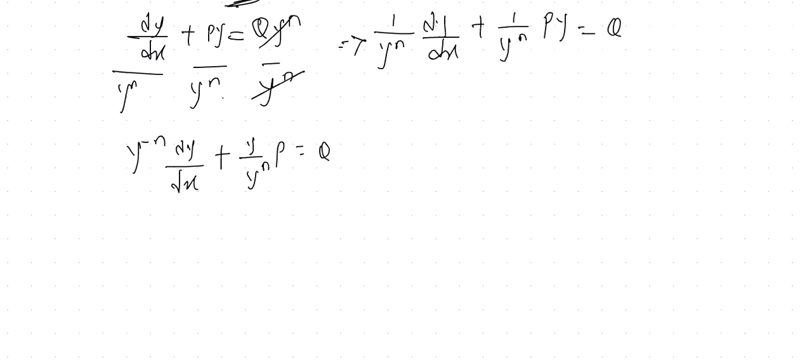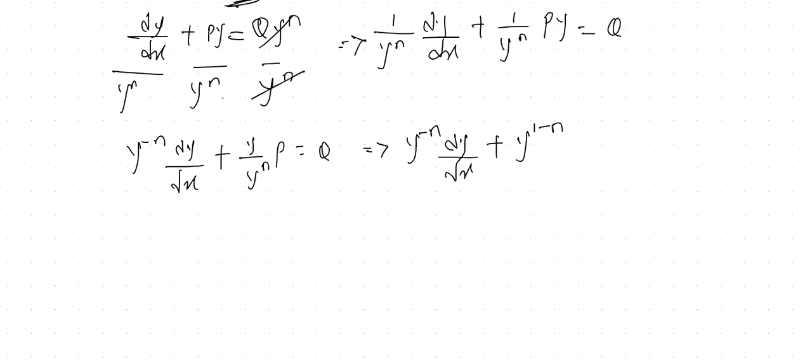Then this gives you y^(-n) dy/dx plus y^(1-n) p equals q.